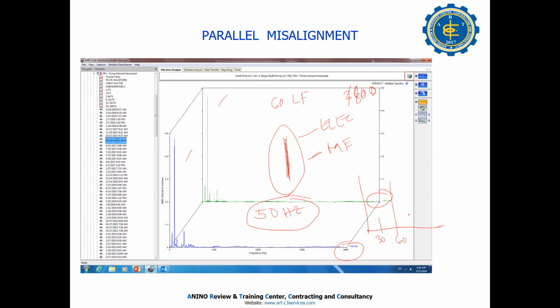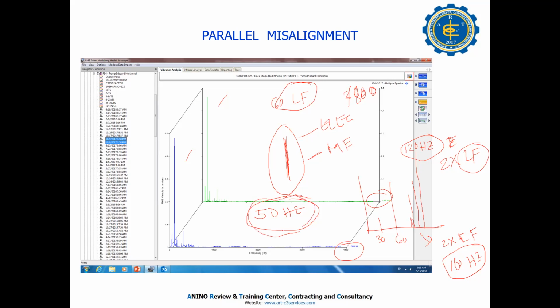Okay, if your line frequency is 60, two times line frequency is 120. But if your line frequency is 50, two times line frequency is only 100 hertz. So it's easy to identify the electrical problem when your line frequency is 50.